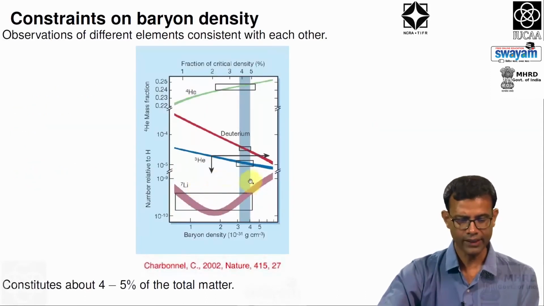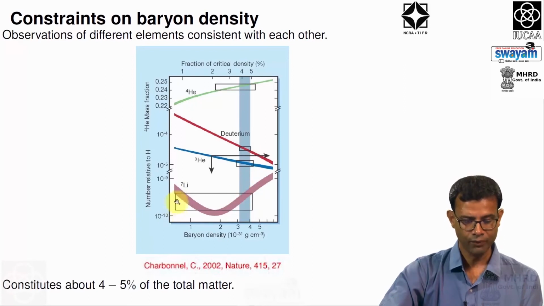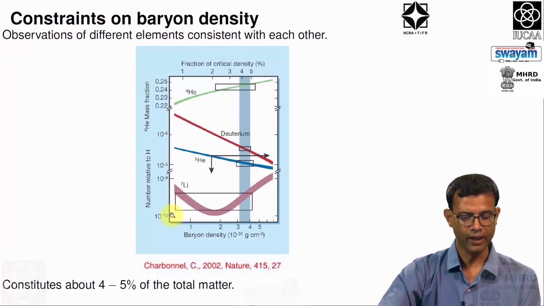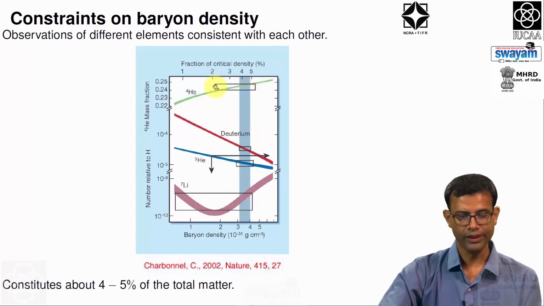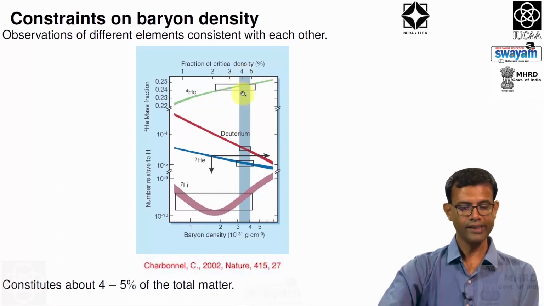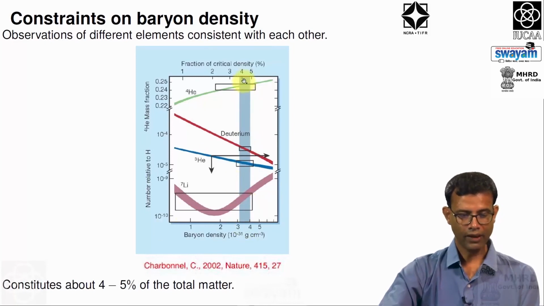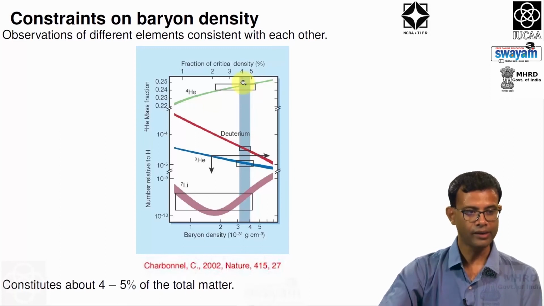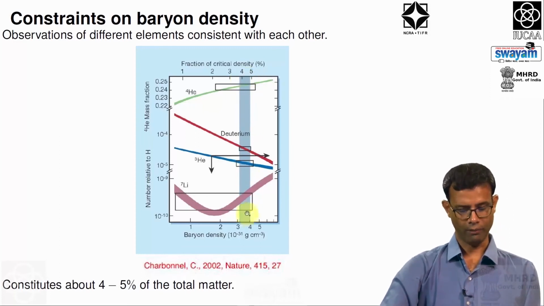So, with all this we get these ranges in observations for various abundances, and it turns out that if we combine all these observations of various elements, this bluish shaded vertical region is singled out, and that tells us that the value of omega baryons must be somewhere between, let us say, 4 to 5% of total matter.